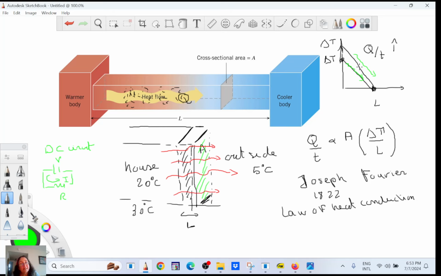Here it's the same thing. The gradient is very much like a pressure. The same way that the current is proportional to the voltage, how fast the heat is flowing is proportional to that gradient, per unit length.